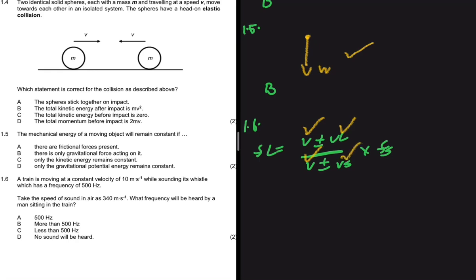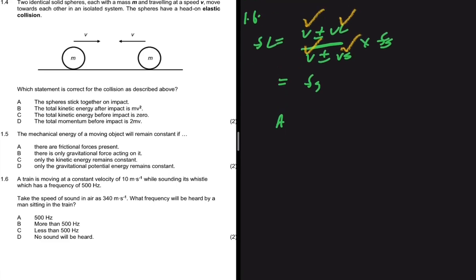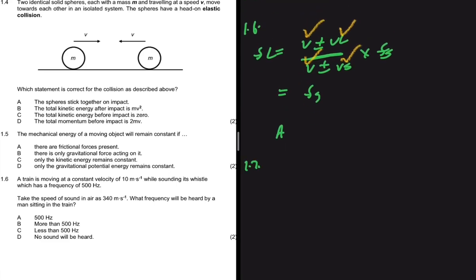So basically we have fL being equal to fS. So the man is going to experience the same frequency that the train is emitting because he and the train are moving at the same velocity. So for 1.6, the answer is A. He will experience a frequency of 500 Hz, the same frequency that is being emitted by our train.